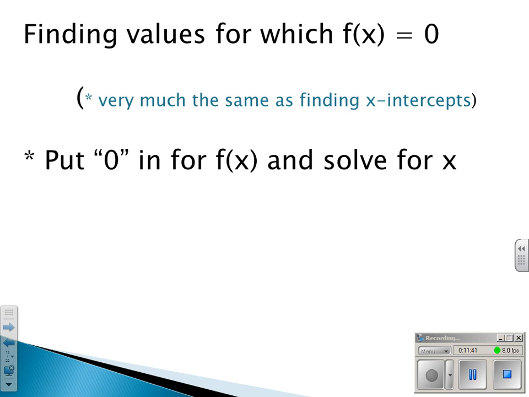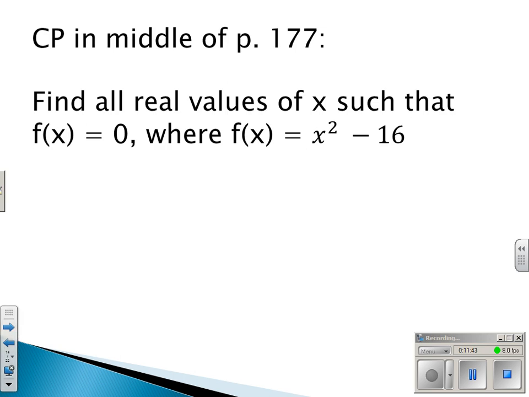Very much like finding y-intercepts. Take a look on page 177 down in the middle. Find all real values of x such that f of x is 0, where f of x is equal to x squared minus 16. Okay, well, if f of x is 0, or we're looking for where it's 0, that other side there, that x squared minus 16, factors.